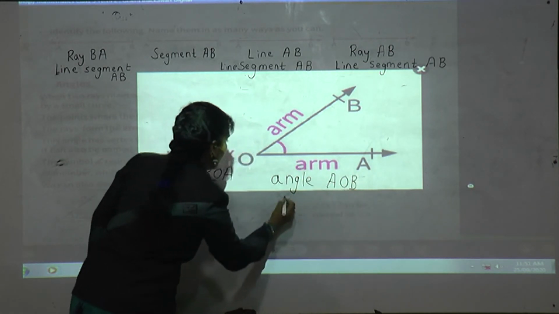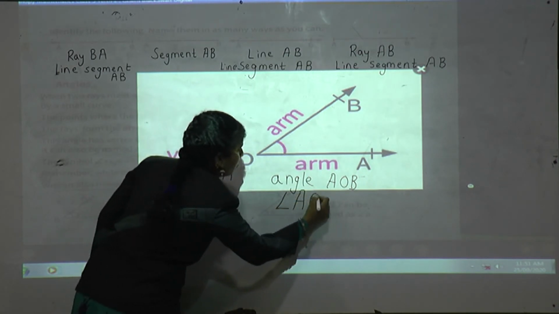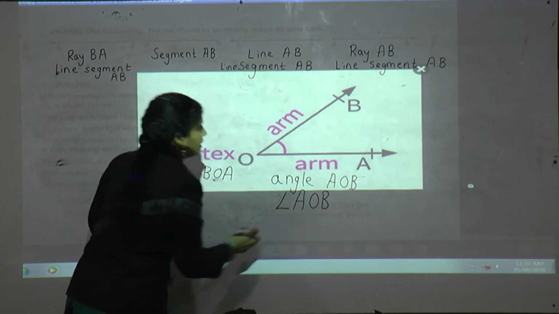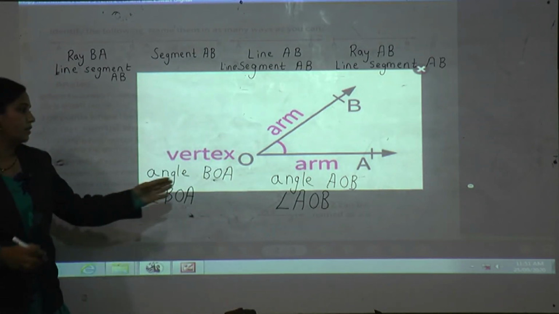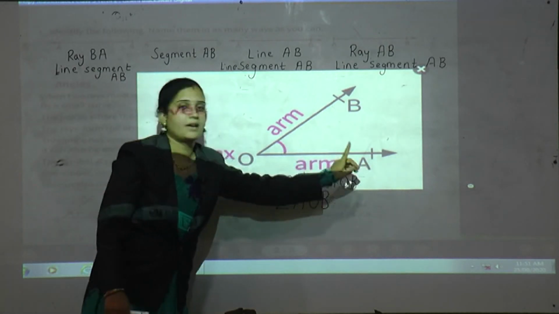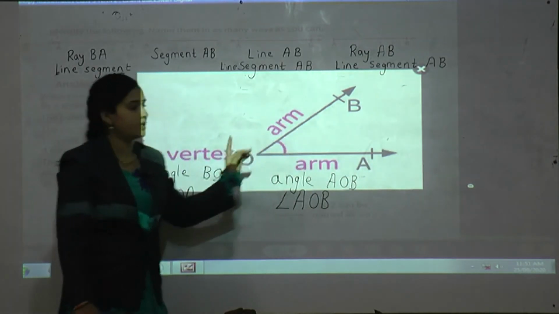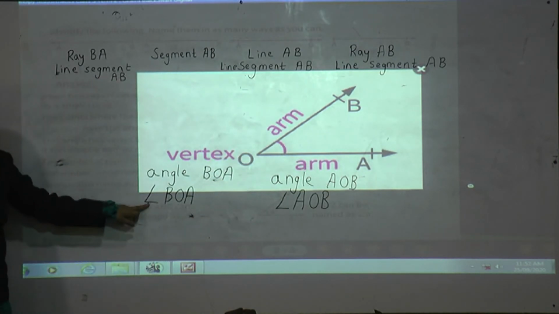In two ways we can name it, angle BOA and angle AOB. See, this is the sign of an angle.